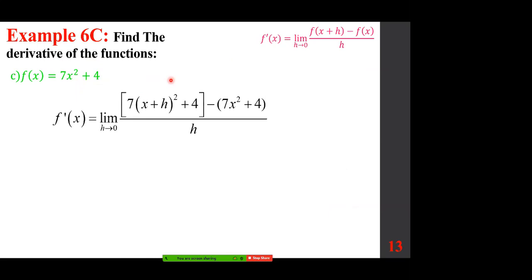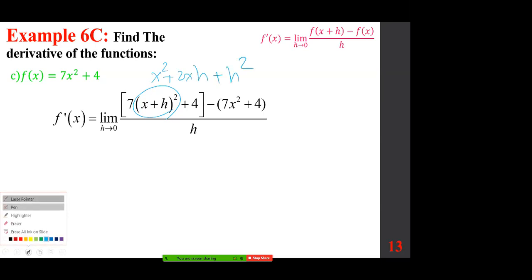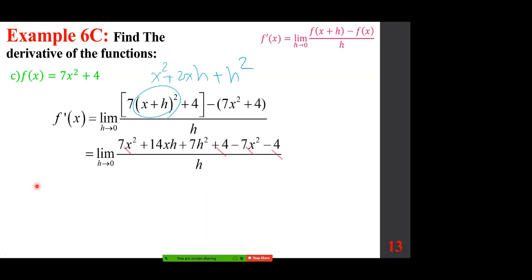Now, of course, this is x squared plus 2xh plus h squared. We need to multiply it by 7. When we do that, we get 7x squared plus 14xh plus 7h squared. Now we apply the negative, we get negative 7x squared minus 4.